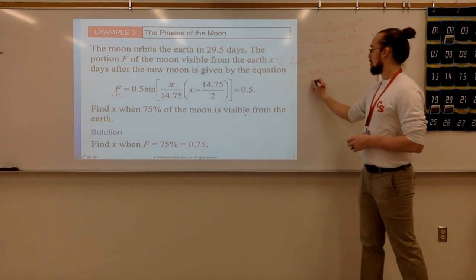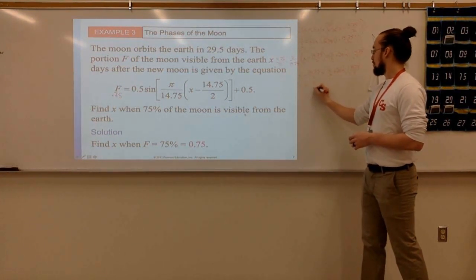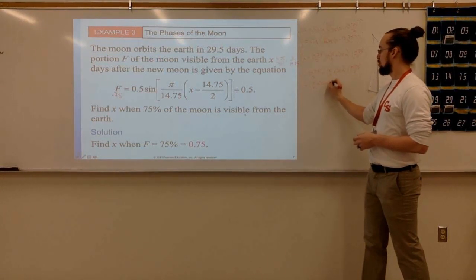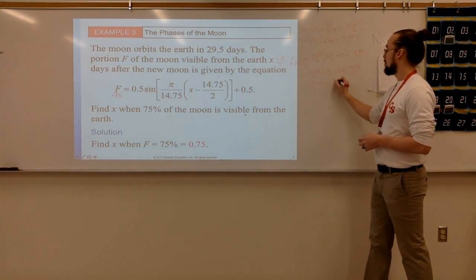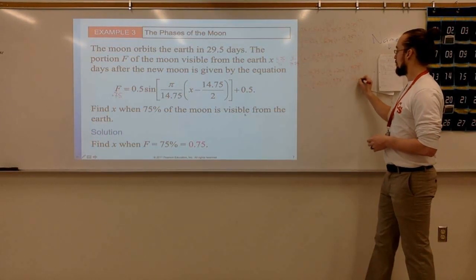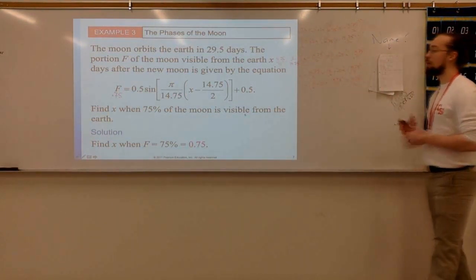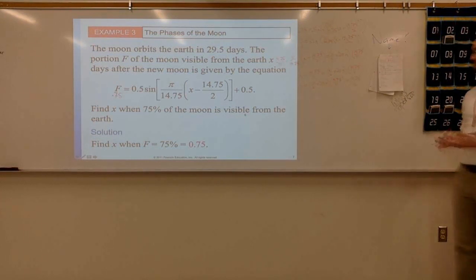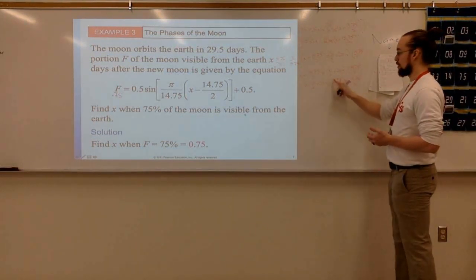So we would end up with pi over 6 plus 2 pi n times 14.75 over pi plus 14.75 over 2. Now we could simplify this, but we don't need to because we're just going to plug this all into a calculator.